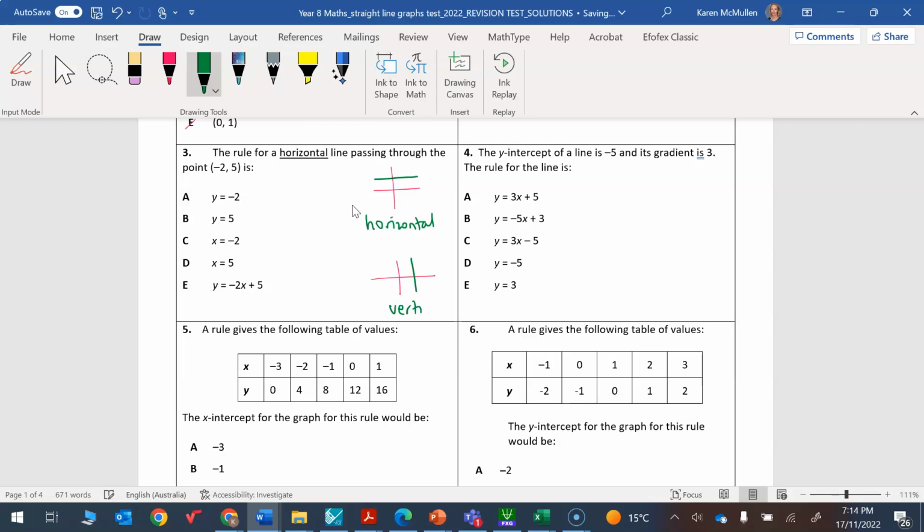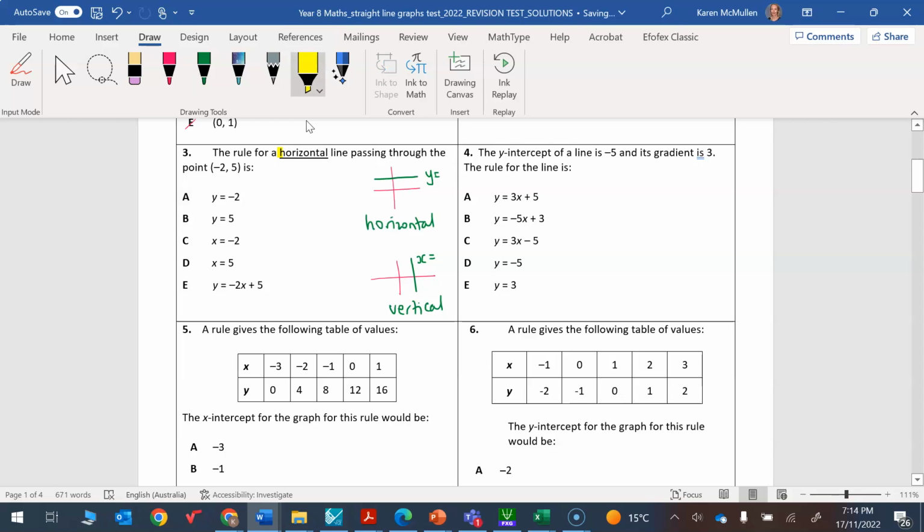Now, a horizontal line will always be a y equals, and a vertical line will always be an x equals. That's because a horizontal line just crosses your y-axis, it doesn't actually cross your x-axis. And a vertical line only crosses your x-axis, not the y-axis.